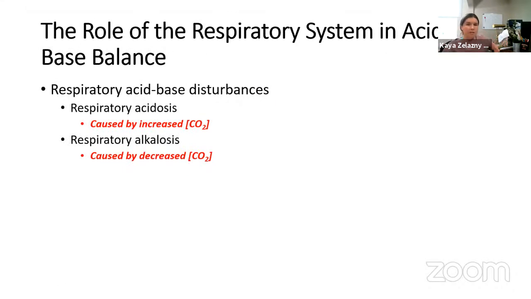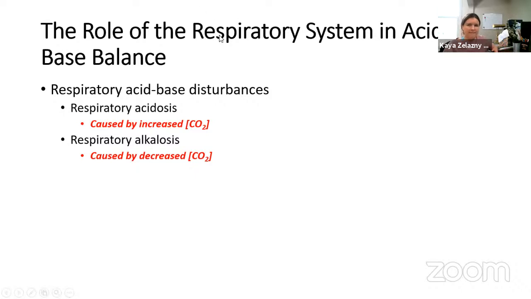Since we have both the respiratory system and the renal system, the kidneys, involved in regulating these two pieces of our pH, the bicarbonate ions and the carbon dioxide, we're going to see that disturbances to the pH can be caused by either part. So we can have problems with the respiratory system leading to either acidosis or alkalosis, or we could see problems with the kidneys leading to acidosis or alkalosis.